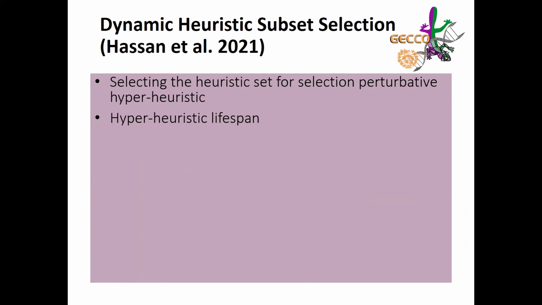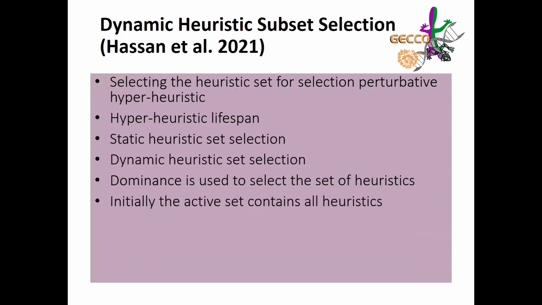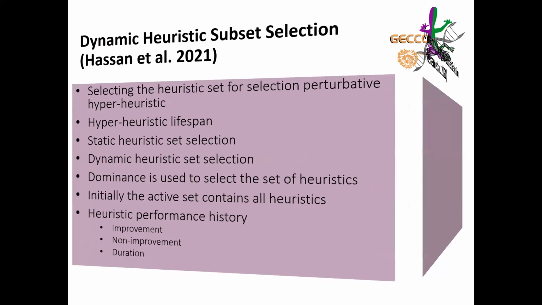So usually you have the same set of heuristics that are used throughout the lifespan, but here we actually changed the set of heuristics. And we didn't use any optimization, but a simple dominance criteria to decide what to keep and what to change each time. So those are just examples of the information that's stored for each heuristic.